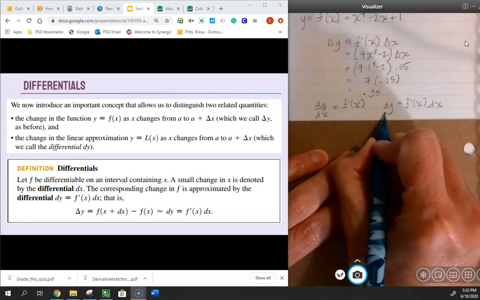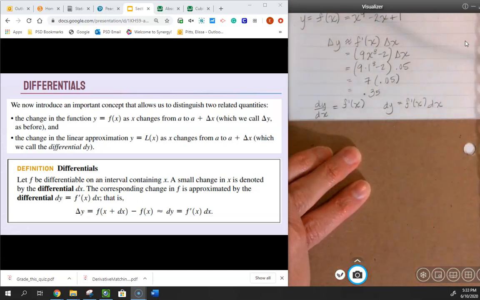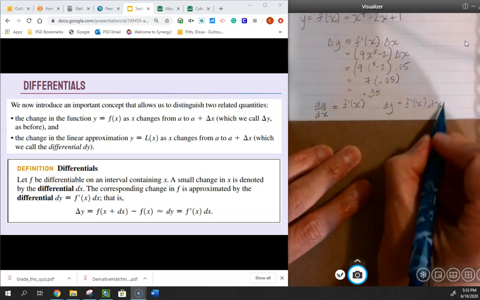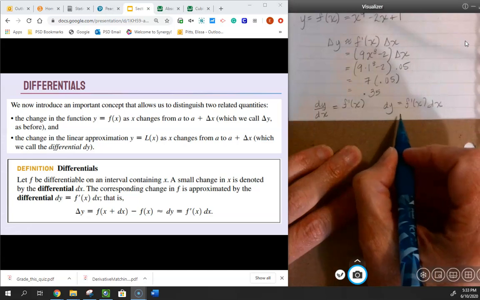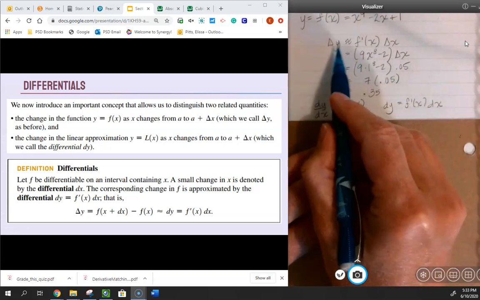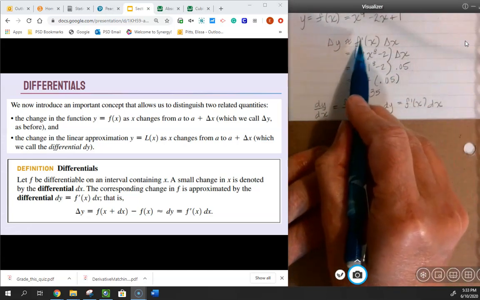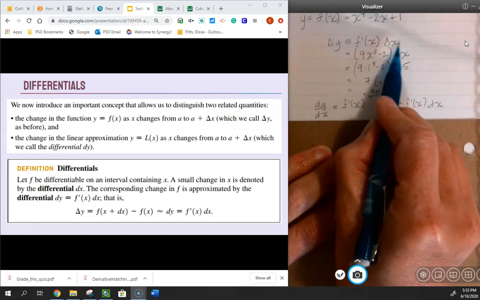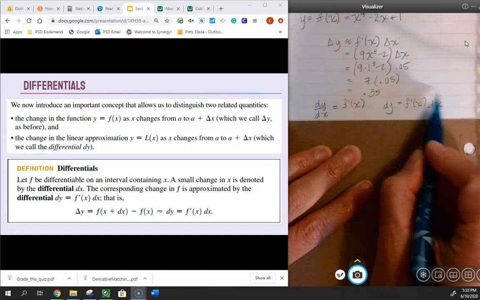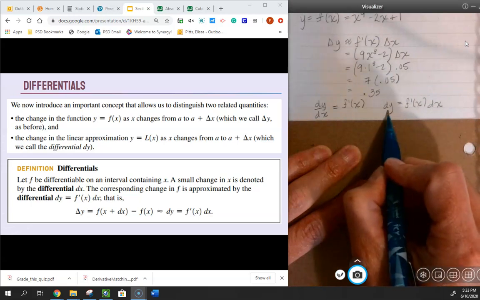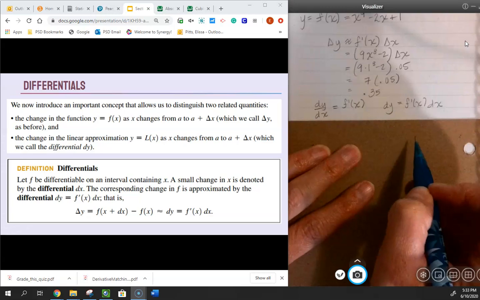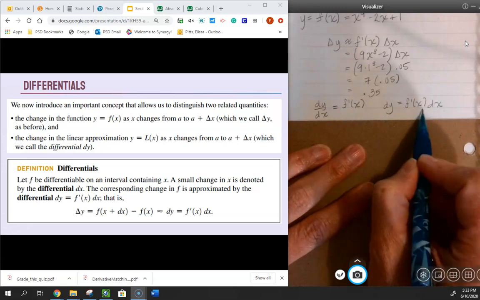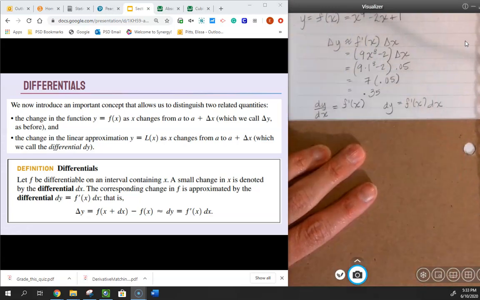Now really, to treat those things algebraically, we need a little bit more mathematical rigor, but for our purposes, this is okay. So this is a way of getting out of delta y is approximately equal to f prime of x delta x, and saying, all right, we're going to call it dy, and we're going to say dy equals f prime of x dx. In general, it's just another notation that describes basically the same thing.